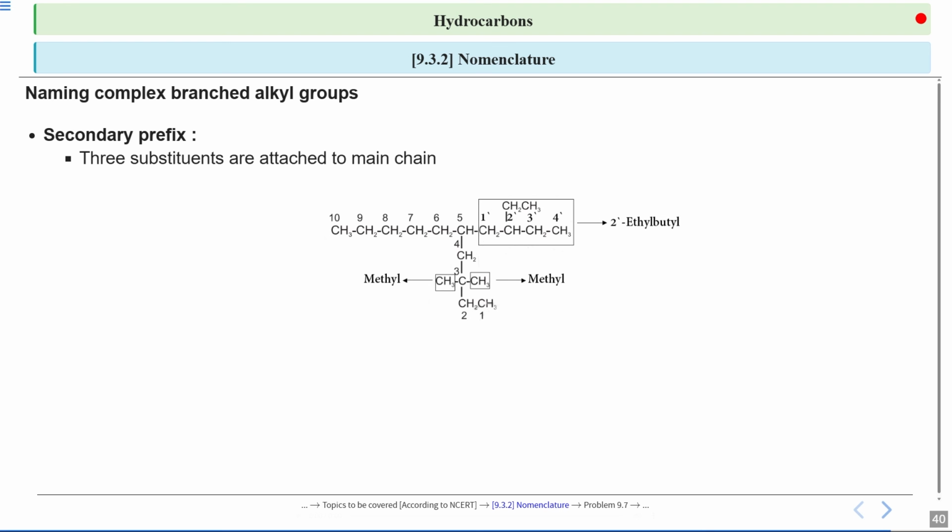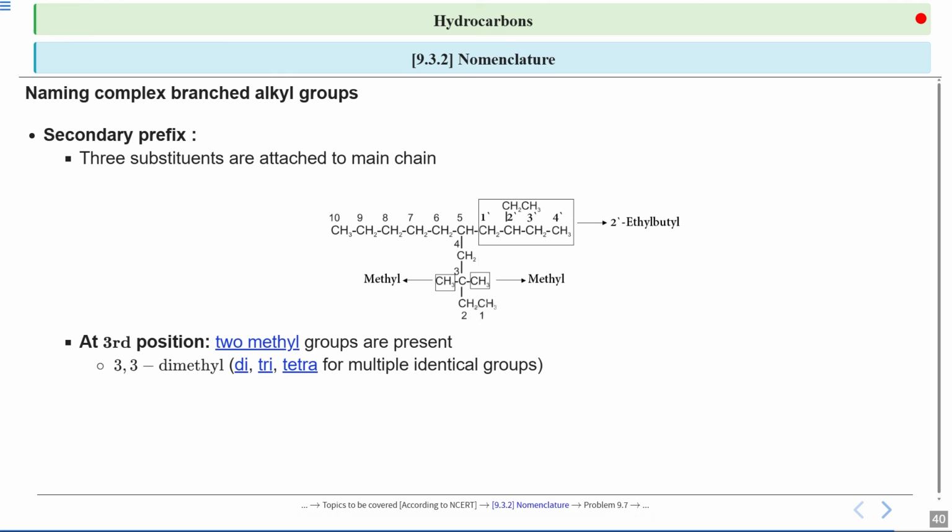Therefore, we can move on to the secondary prefix. 3 substituents are attached to the main chain: 2-ethylbutyl, methyl and methyl. How is this name kept, 2-ethylbutyl? Let us have a look. For that, we are doing a separate numbering, starting from the point of attachment. In this view, on the second position, we have this ethyl.